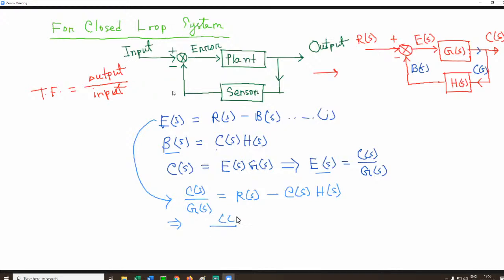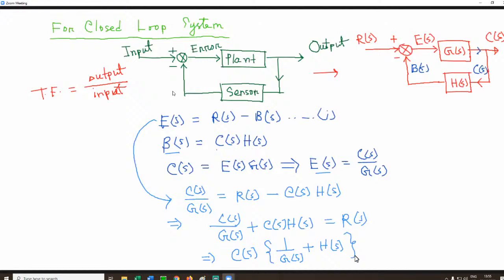So CS by GS plus CS into, sorry, XS equal RS. Okay, from here you can write CS into 1 by GS plus SS equal RS.